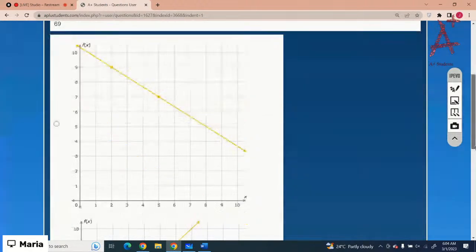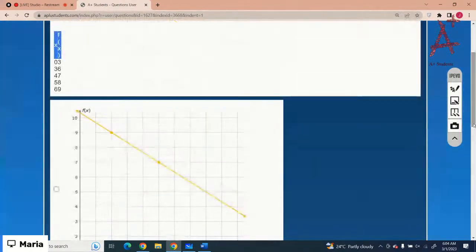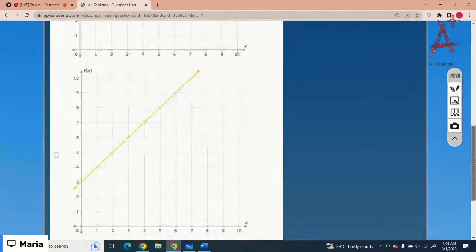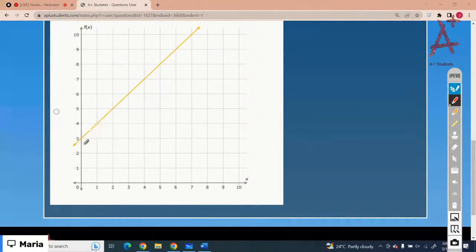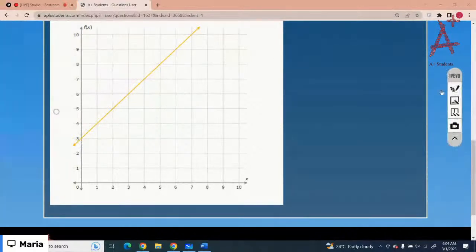X is 0, y is 3. This one is not the correct option. You don't have the points 0, 3 and 3, 6. Here is the point 0, 3. X is 0 and y is 3. Then you have x is 3, y is 6. Then here you have x is 6, y is 9. Got it? So the second option is the correct one. Just select the correct option, then click on the OK button.